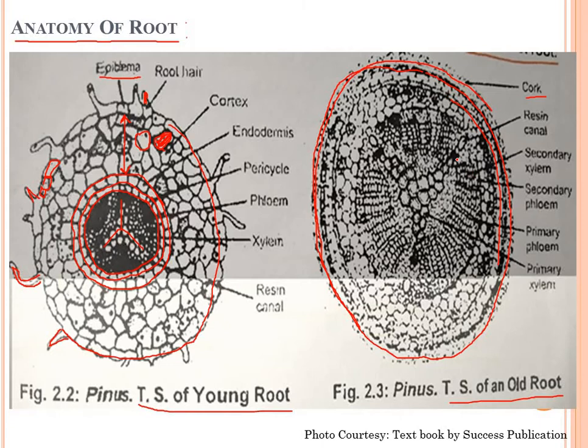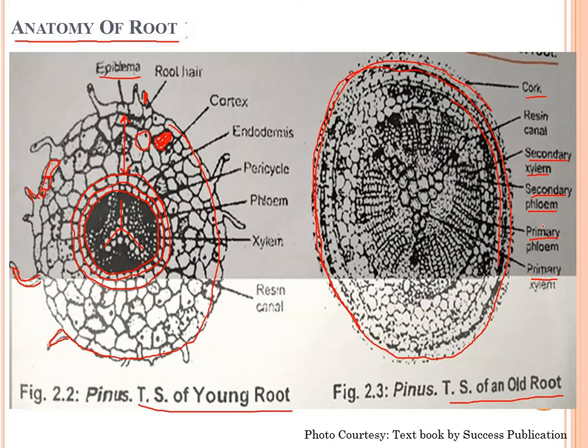Actually, secondary growth is present in the old stem, and cambium is the meristematic tissue responsible for the formation of secondary xylem and secondary phloem inside the root. See, at the outer side is secondary xylem, which is covered by secondary phloem, and on the inner side is primary xylem, which is covered by primary phloem.